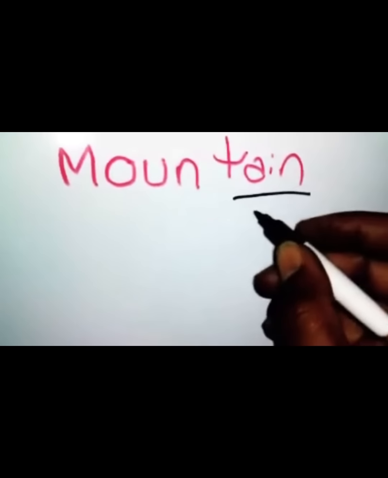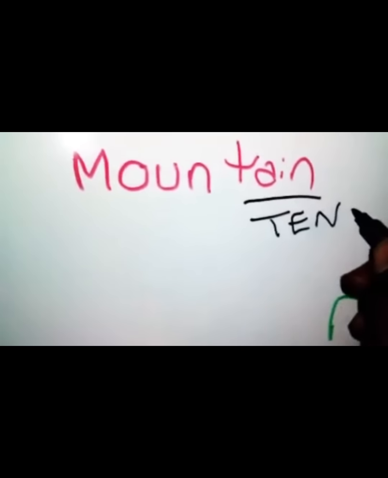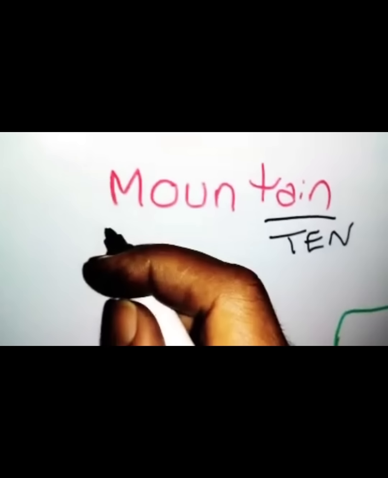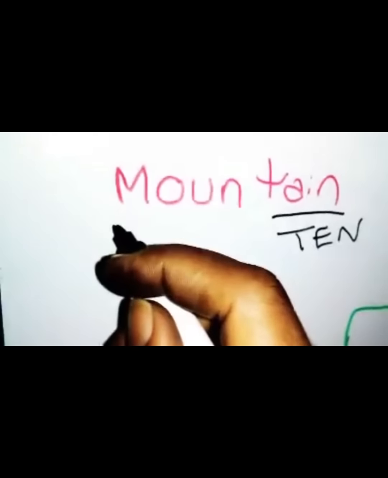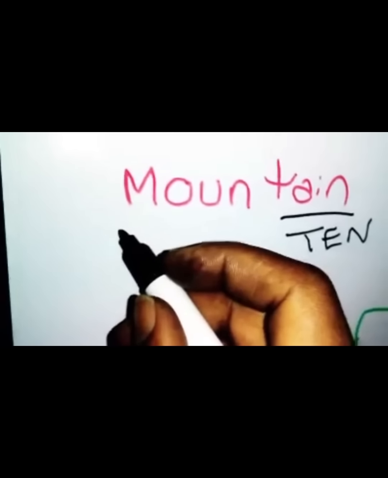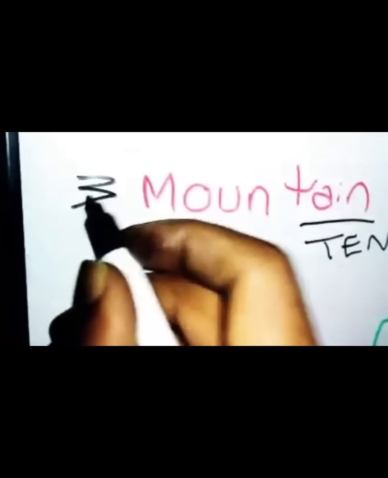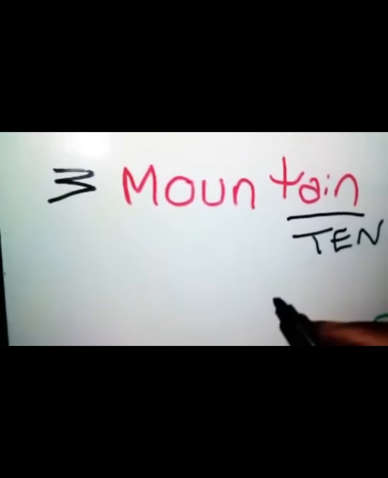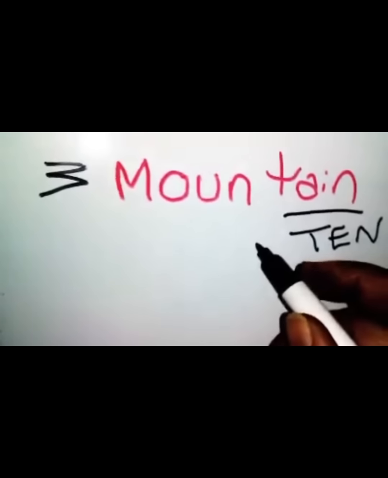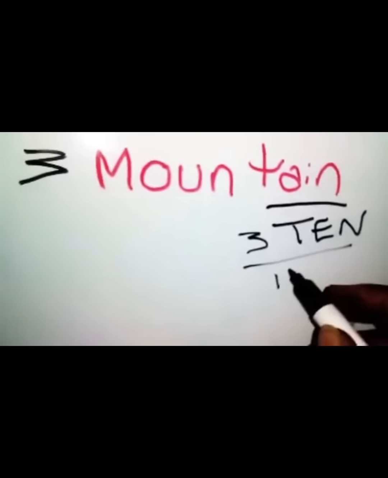Mount, 10. And on the first letter of mountain, what looks like the M is really a sigil for the number 3. Because when you turn it sideways, you get a 3, right? Look at it. So in the word mountain is really 3 and 10, which is 13.